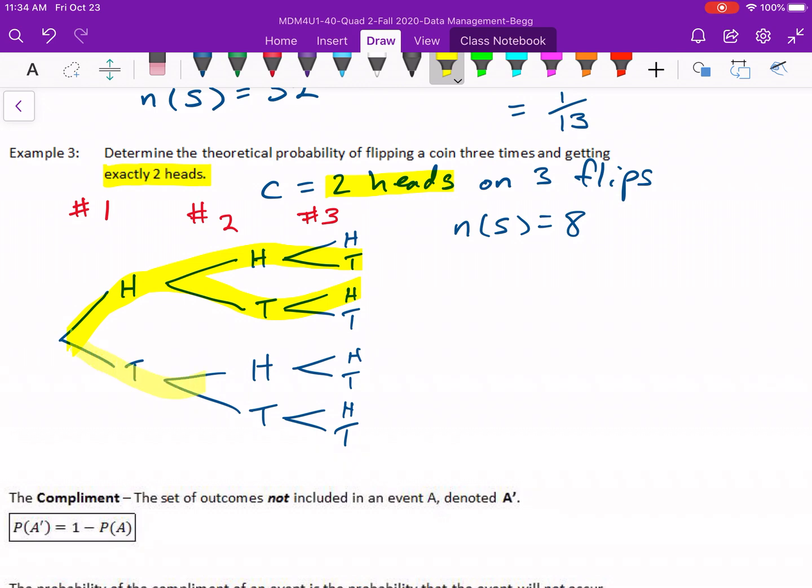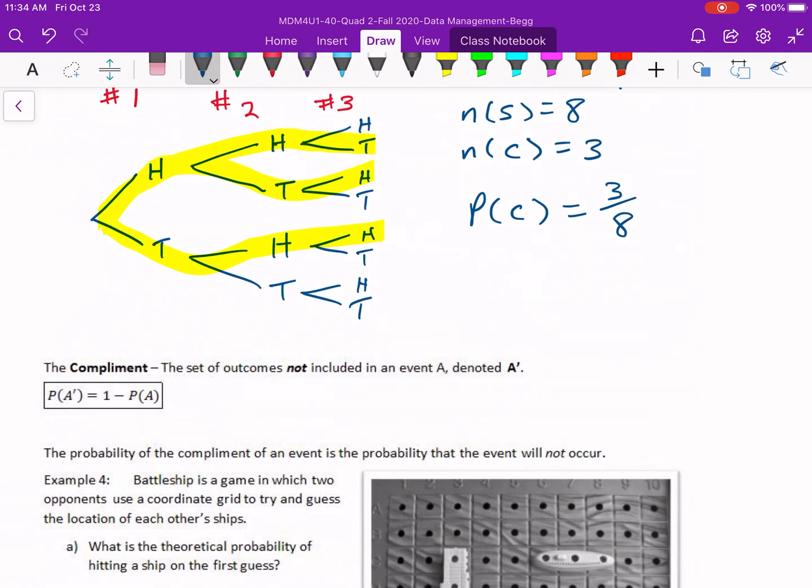Or it could go tails, heads, heads. If you look at the other 5 remaining paths, none of them have exactly 2 heads on them. So we can't count those as successes. So there's 3 ways of getting exactly 2 heads. So it turns out the probability of getting exactly 2 heads on 3 flips is 3/8.